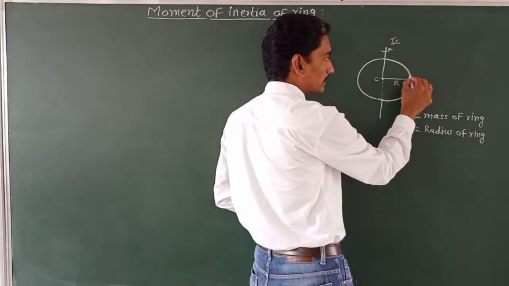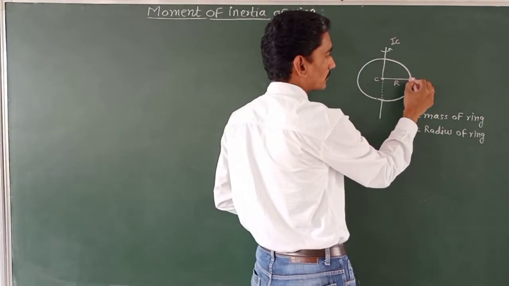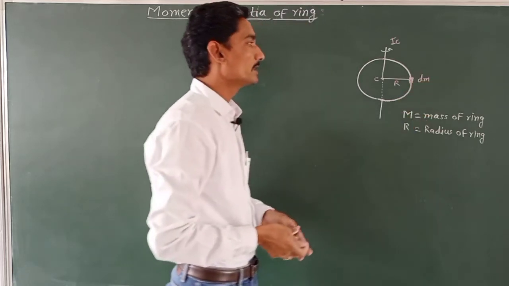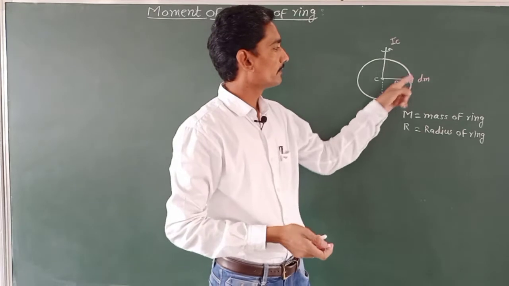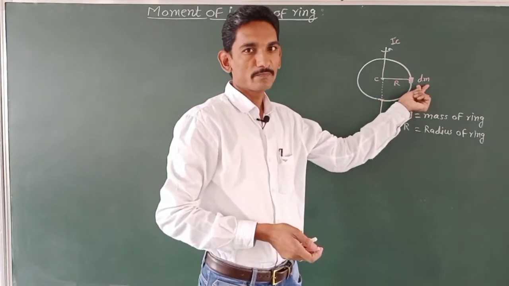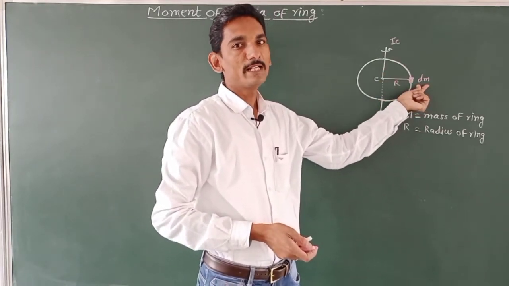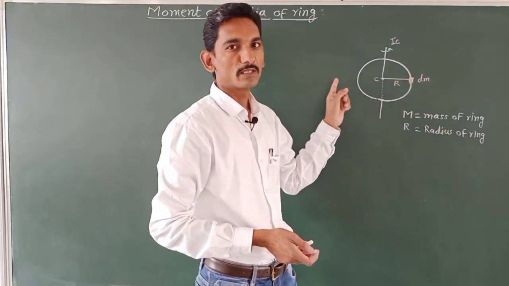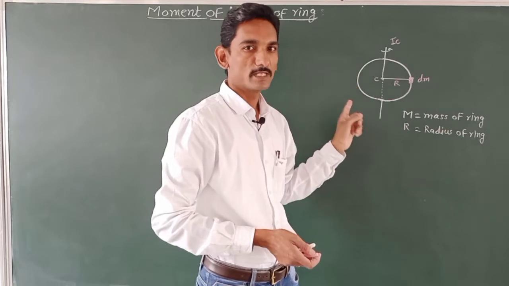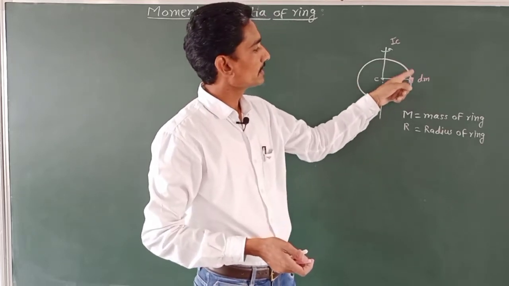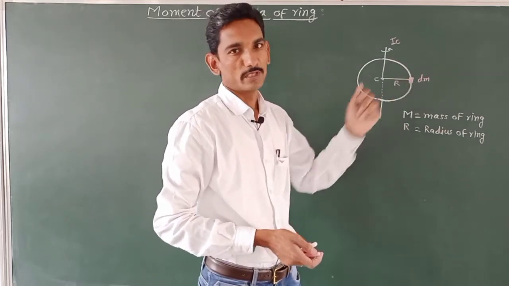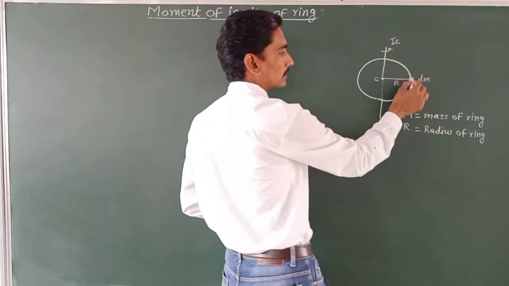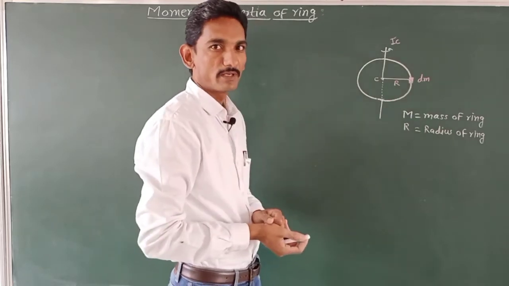Suppose this very small element has mass dm. We can determine the moment of inertia of this small element dm, and then by integrating we can determine the total moment of inertia of the ring, because the ring is made up of such small elements.